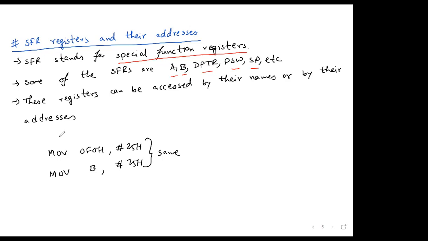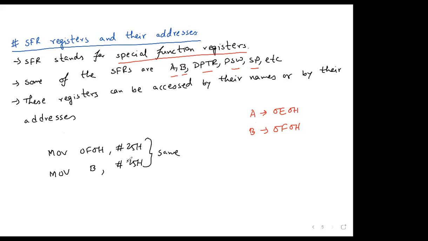I mean, totally up to you. So far, you only know that the address of register A is 0E0H. Now you see the address of register B is 0F0H. So if you write move 0F0H, 25H, or if you write move B, 25H, both of them signify the same thing. There is no difference between these instructions.